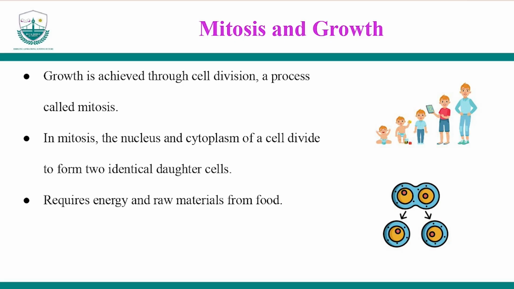And that is why we say that we have identical daughter cells. Identical meaning that they look the same in terms of their genetic composition. So, two identical daughter cells. That's what we form in mitosis. So you have one cell dividing to give you two cells.